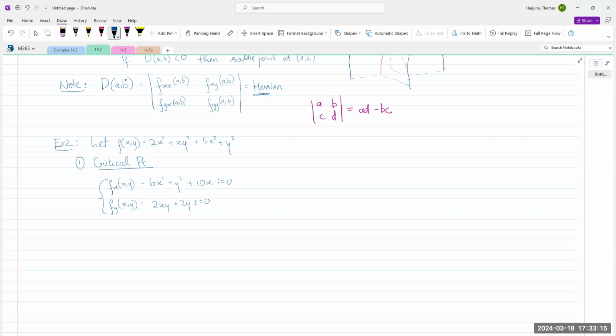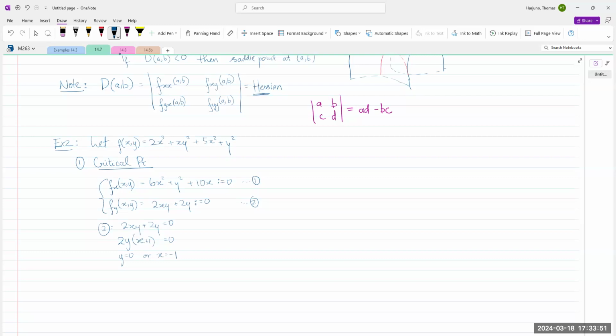Call this equation 1, call this equation 2. I will work with equation 2, which seems to be easier. 2xy plus 2y equals 0 gives y times (2x plus 2), that is 2y times (x plus 1). So either y equals 0 or x equals -1, right?